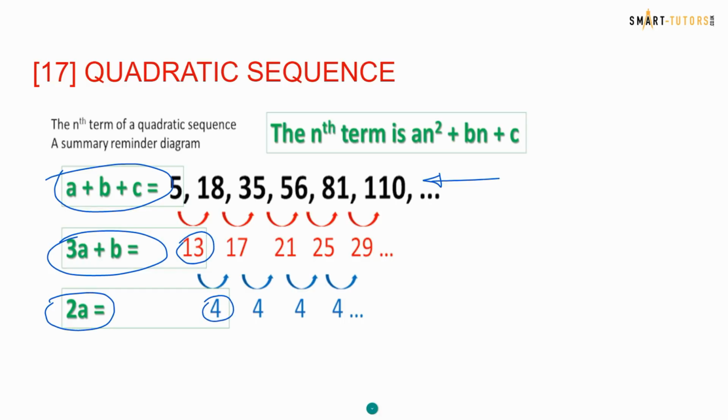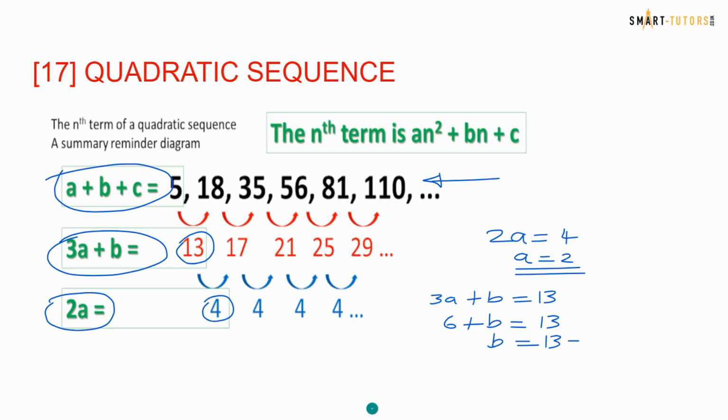So start from equating 2a equal to the second difference. You can easily find out a equals 2. Then sub that a equals 2 into the second equation, which is 3a plus b equals 13. Sub in a equals 2, so 2 times 3 is 6 plus b equals 13, and b equals 13 take away 6 is 7.